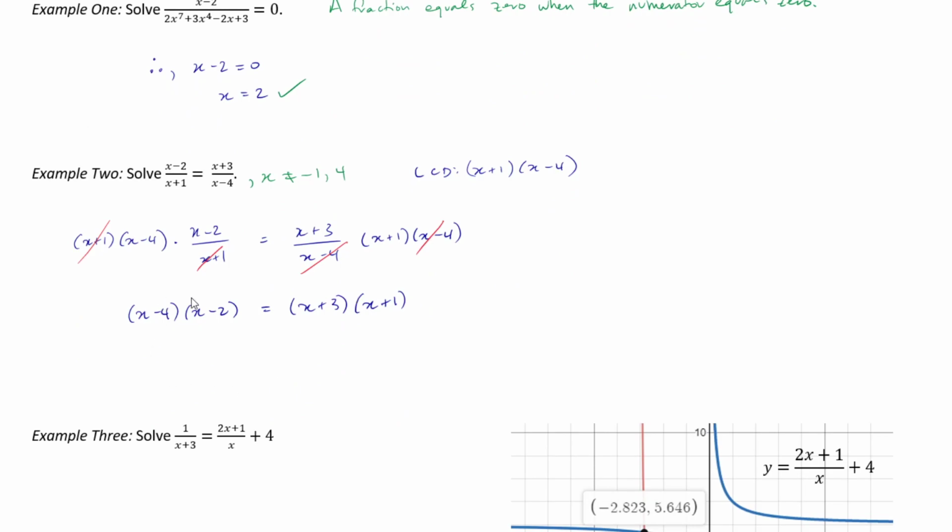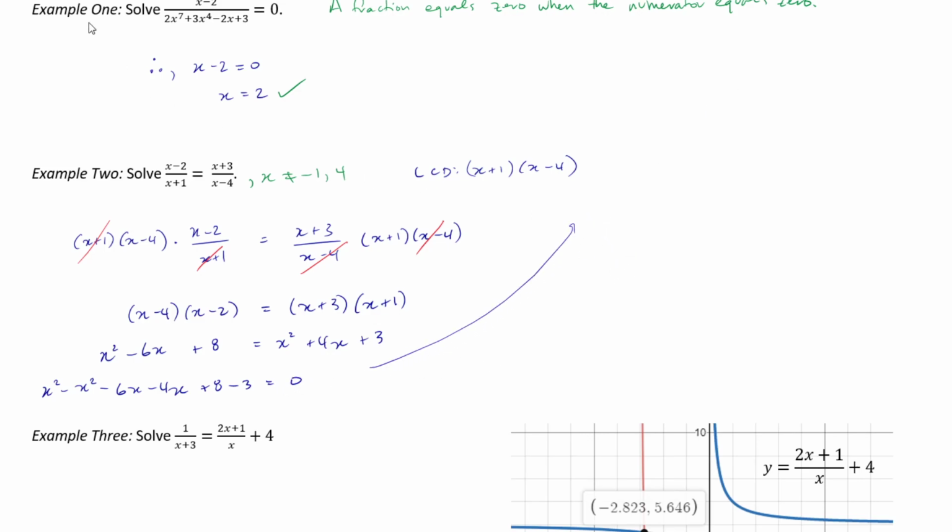I can just expand this now, and so this is basically x squared minus 6x plus 8 is equal to x squared plus 4x plus 3, bringing everything over to the left side. Okay, I'll write x squared minus x squared minus 6x minus 4x plus 8 minus 3 is equal to 0.